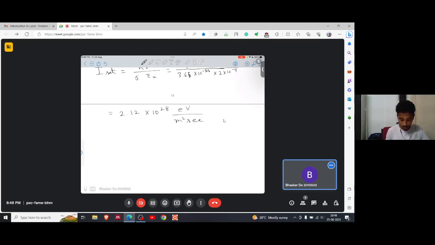Now this is a very odd unit to use in this kind of problem, electron volt per meter square per second. So we'll just convert this into joule or watt.